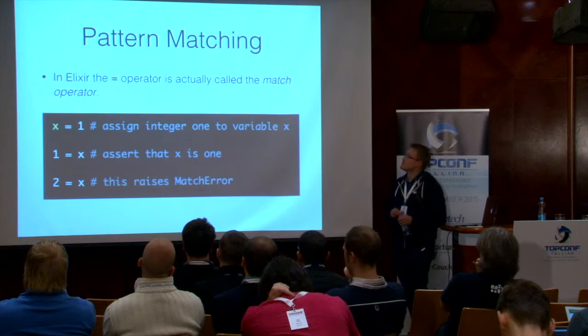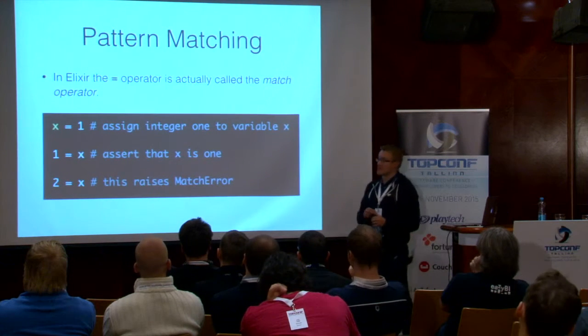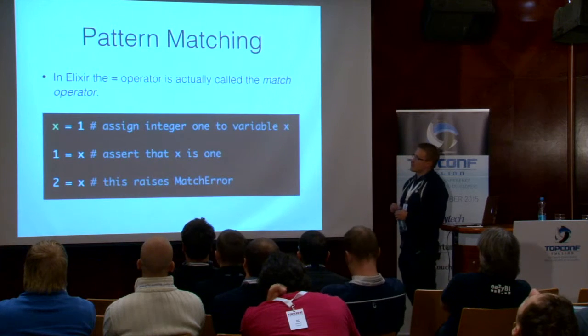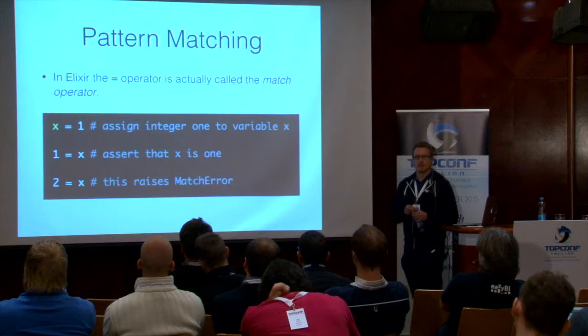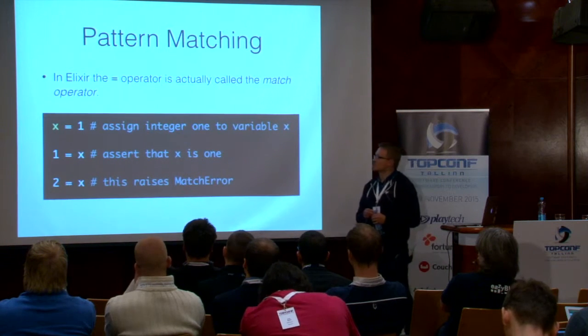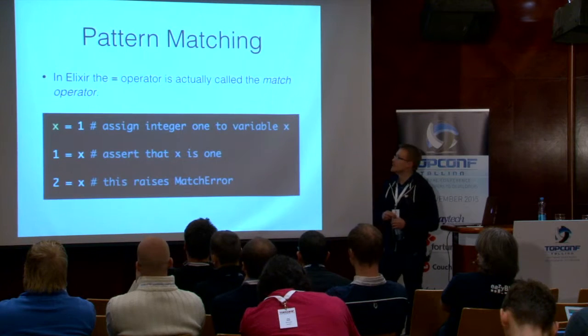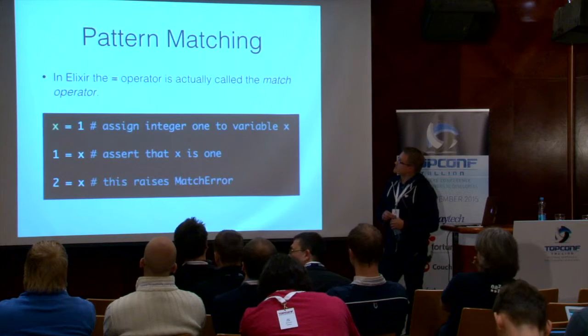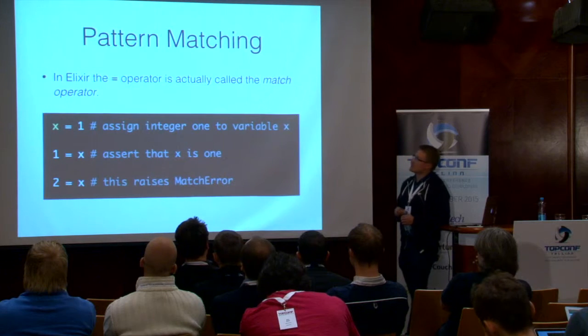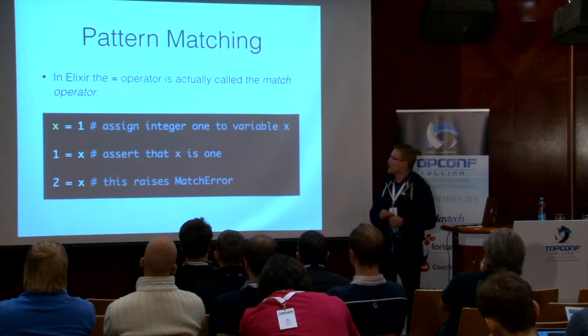Okay, so we get to pattern matching, which I think is... if I program with a language that doesn't support pattern matching, I'm completely lost. It feels like such a natural way to program. And in Elixir, the equals operator is actually called the match operator.